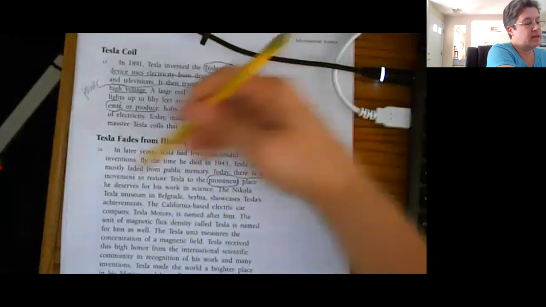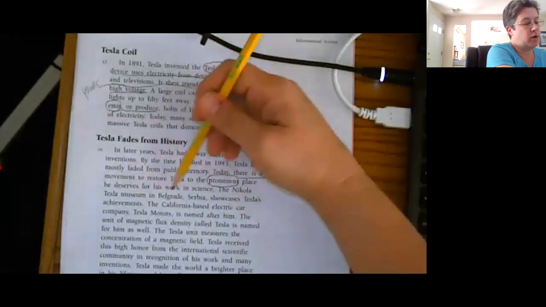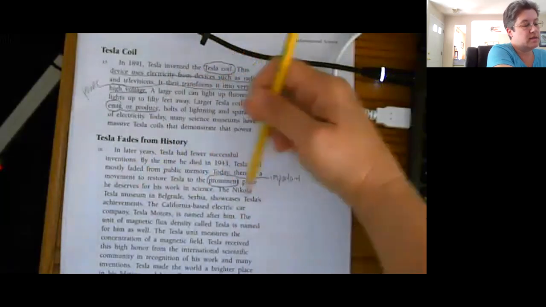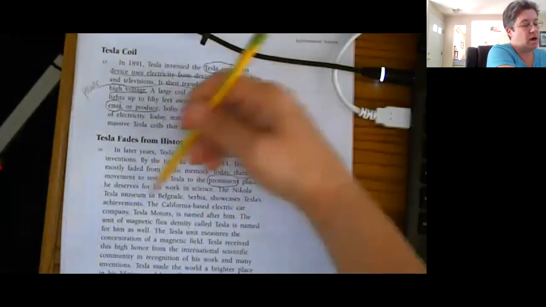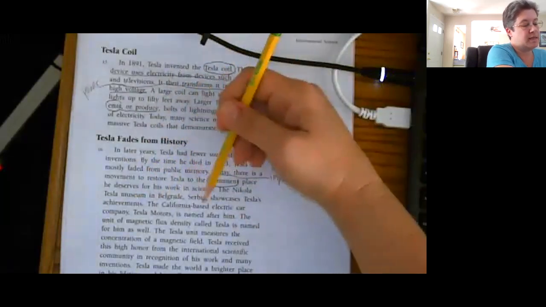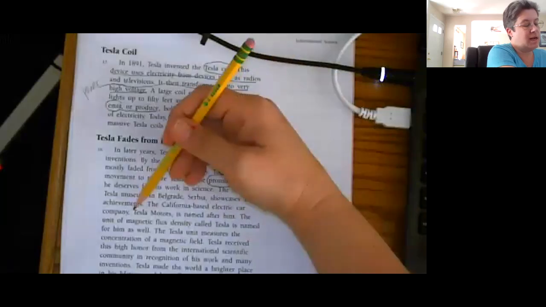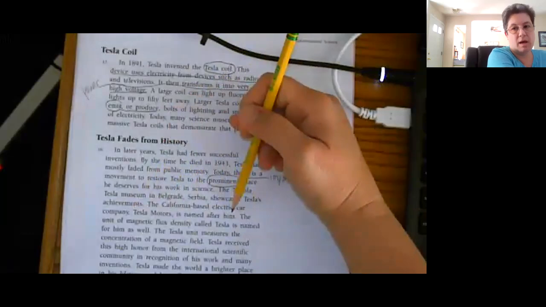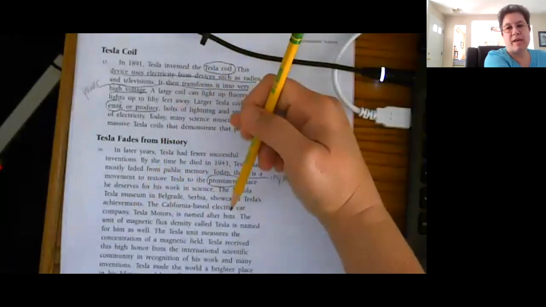The Nikola Tesla Museum in Belgrade, Serbia, where he was from, showcases Tesla's achievements. The California-based electric car company, Tesla Motors, is named after him. This does not mean that he invented the Tesla car, just that they used his name for it because he was an important person in electricity.